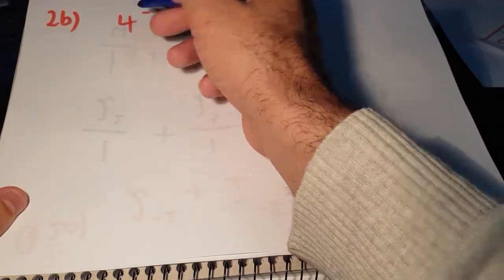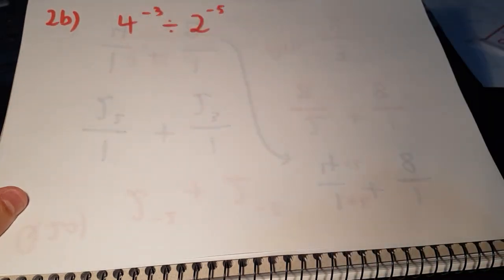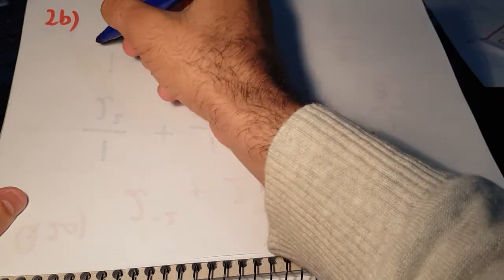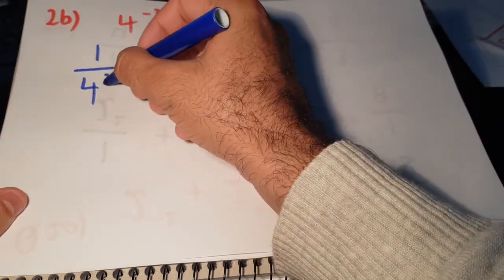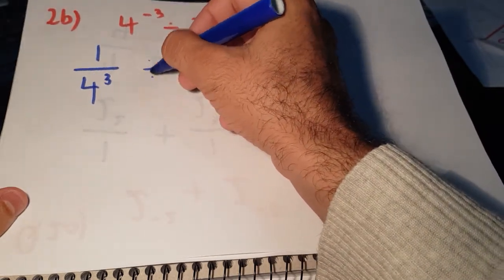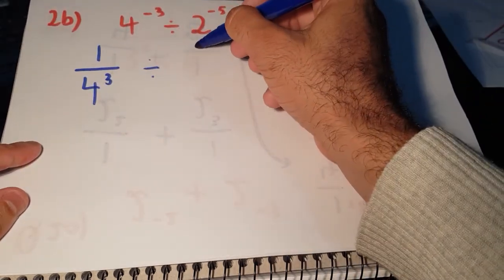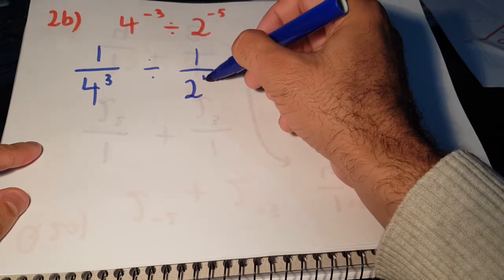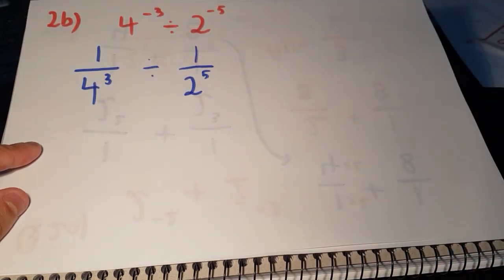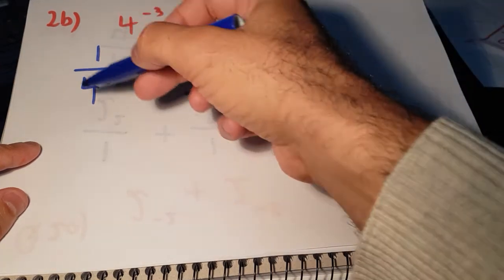So this, when we convert it into a positive power, will be 1 over 4 to the power of 3, divide 1 over 2 to the positive 5. Now, I'm going to simplify this.